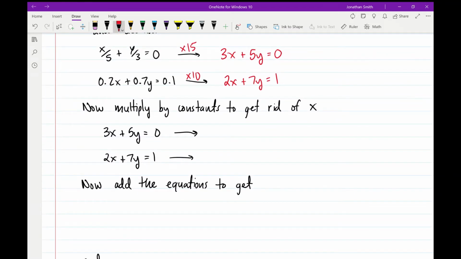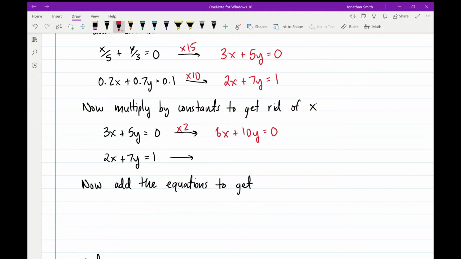And now we want to use the elimination method. So I want to take each of the equations and multiply them by constants so that when I add them together, one of my variables is going to cancel out. So let's try and get rid of the variable x, and we end up with a situation that's very similar to the last one. So I'm going to take this first equation that has a 3x, and I'm going to multiply it by 2, and this is going to give me 6x plus 10y is equal to 0.